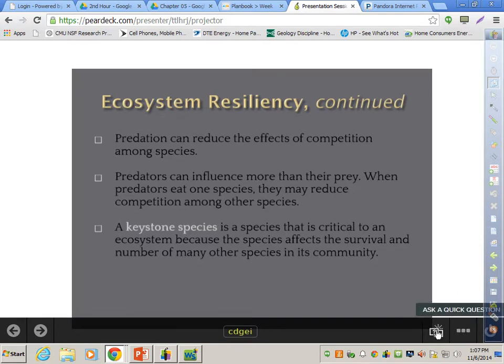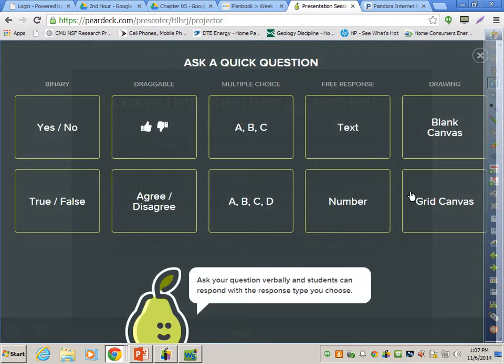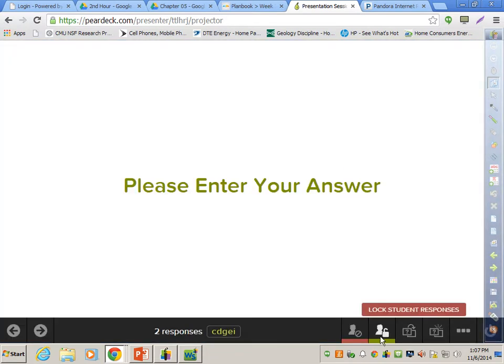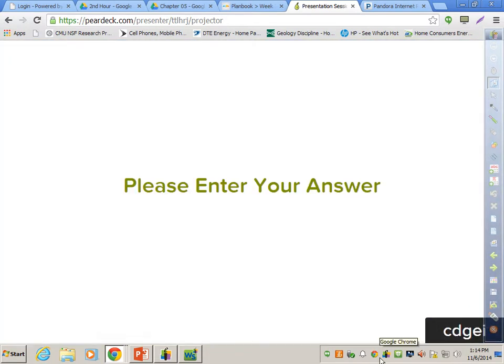So if I asked you the question, what else besides coyotes is affected by rabbits? What else besides coyotes is affected by rabbits? And don't tell me roadrunners.